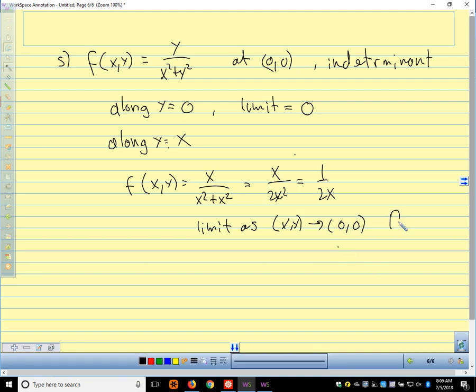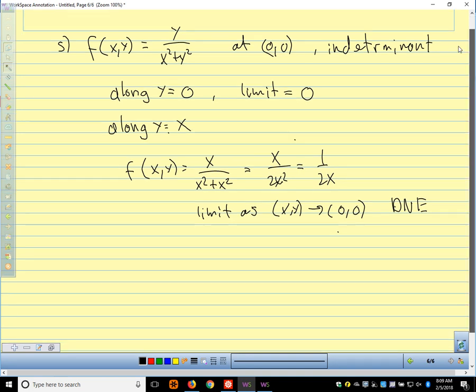Undefined. Does not exist. So along one path, our limit is 0, but along a different path, the limit is undefined. So this one is not continuous at 0, 0.